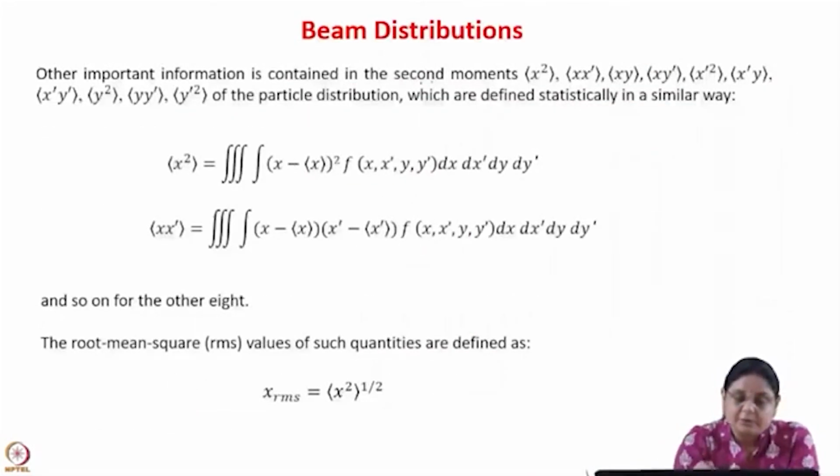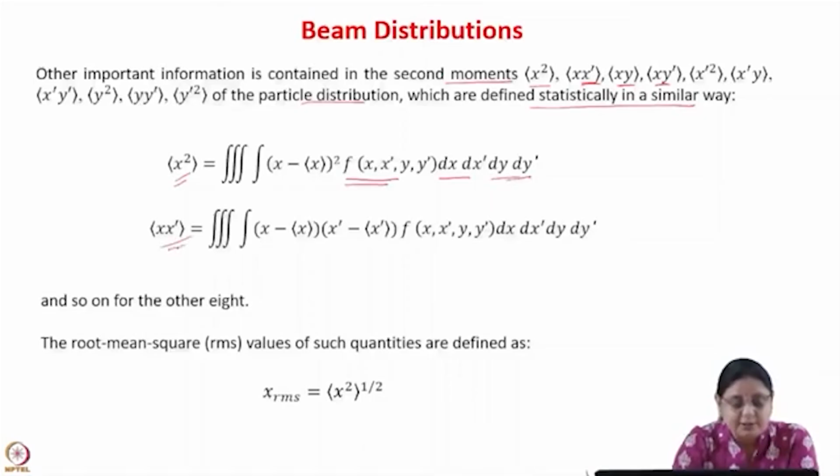The other important information is contained in the second moment. The second moment is defined as the average over x square, average over x prime square, x y prime, and so on, of the particle distribution, which is defined statistically in a similar way, just like we defined the first moment. So the average of x square is the integral of x minus average x, squared, multiplied by the distribution function f, integrating over dx dx prime dy dy prime.